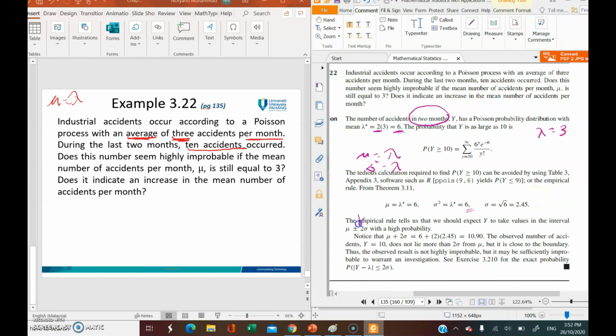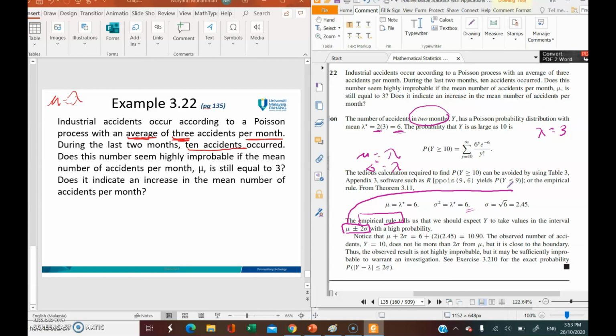In the empirical rule, we should expect y to take the interval mu plus minus 2 standard deviations. Do you remember this one? This is Chebyshev's theorem. The value should be within 2 or 3 sigma. In this case, we consider 2 sigma.